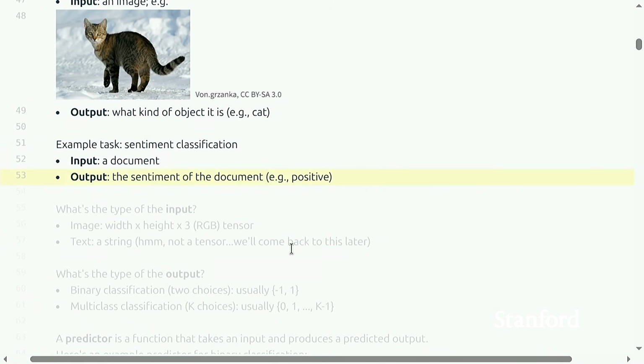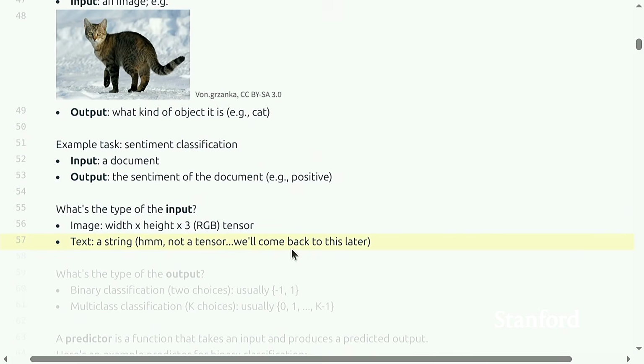So what is actually the input here? In an image, last time, remember, we talked about images as essentially tensors, which are width by height by the number of channels, RGB, so there are 3 channels. That's fairly straightforward. A text is a string, and a string is not a tensor. We're going to come back and revisit this, but for now, let's just assume that our input is a vector or a tensor.